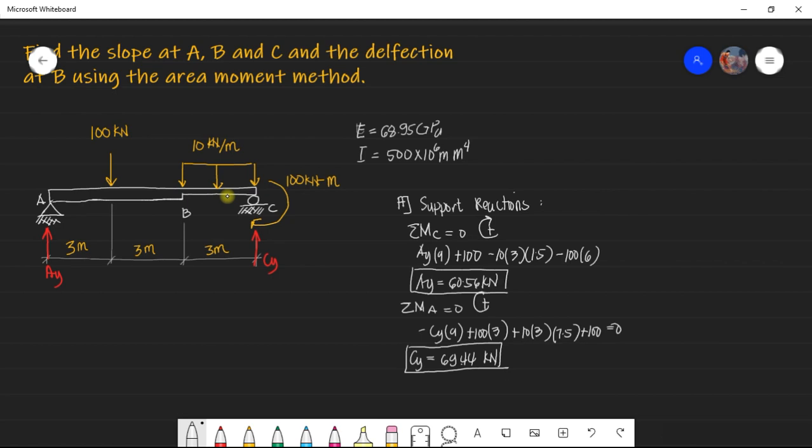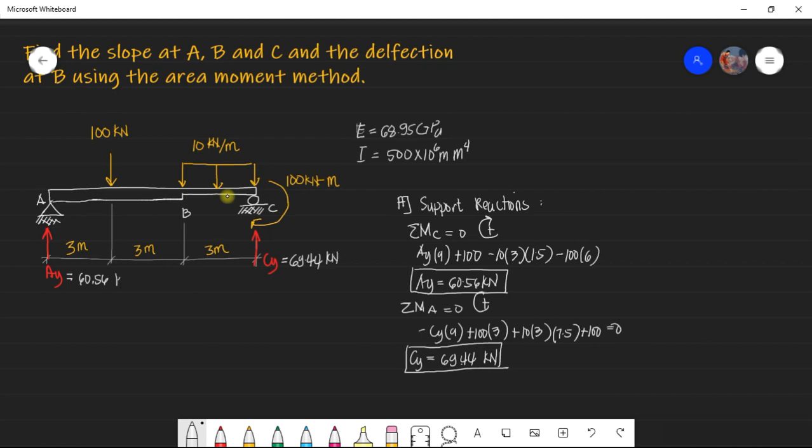Okay, let me write here: AY is 60.56 and CY is 69.44 kilonewton.